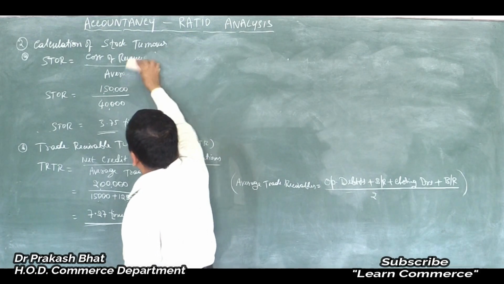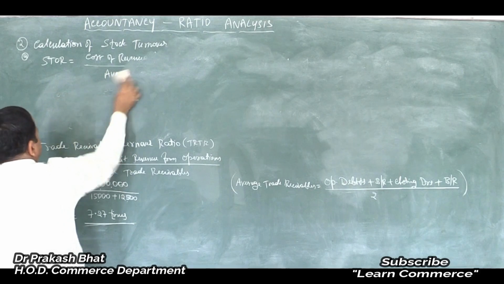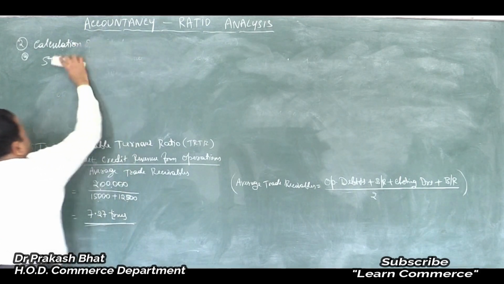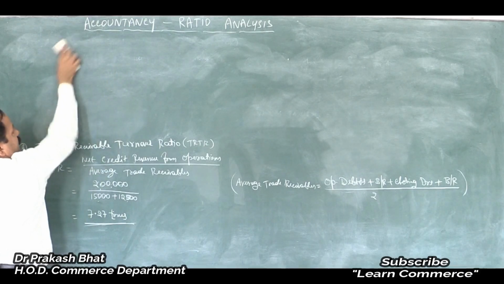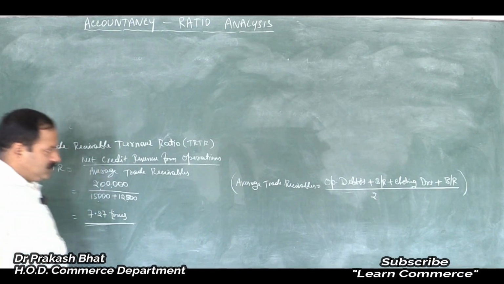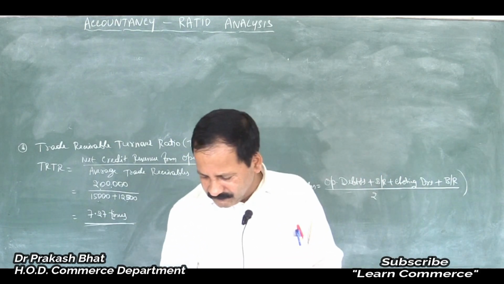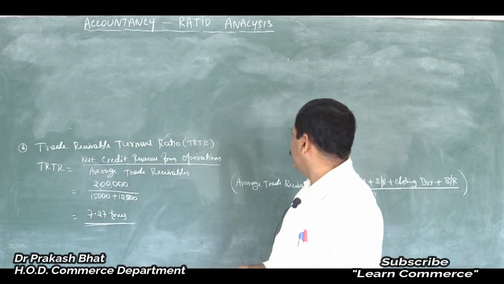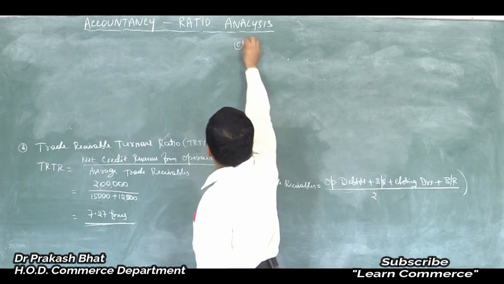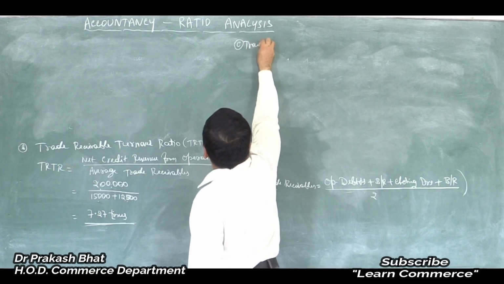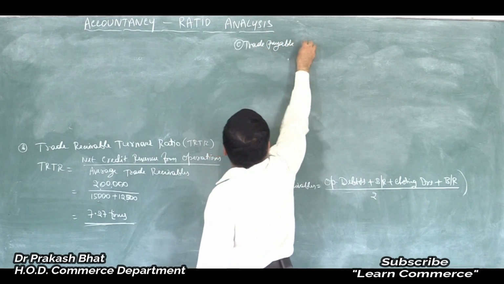Now let us move on to the third one. Which ratio they asked us? That is trade payable turnover ratio. That is point C. Third one, trade payable turnover ratio.